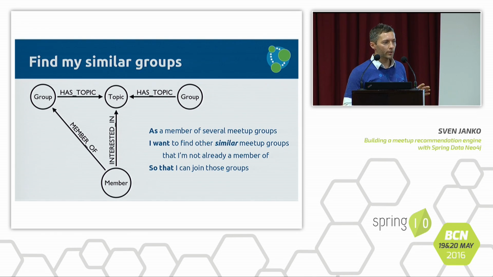Again, we are drawing the partial graph model. In that case, we have the same as before: the group and the topic connection, and we add the information of the member. So we have the member which is interested in a topic, and the member is also a member of the group. So those two connections have been added here.